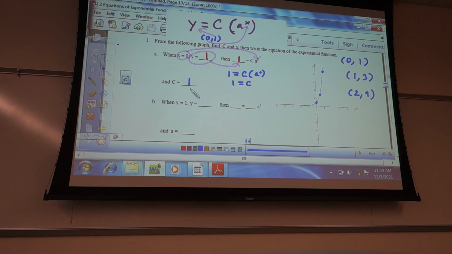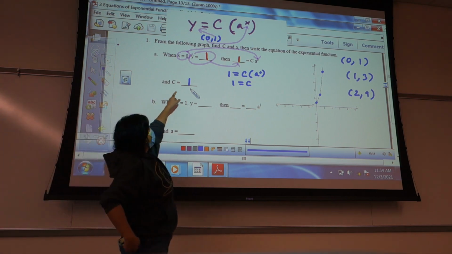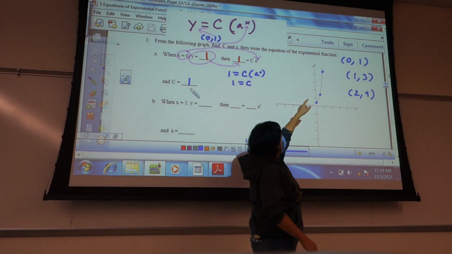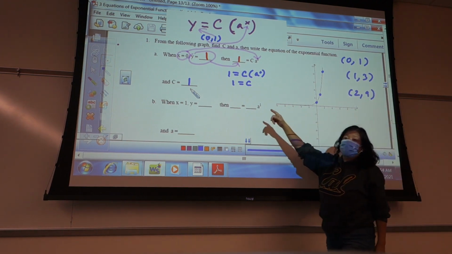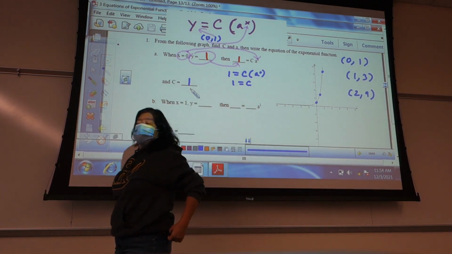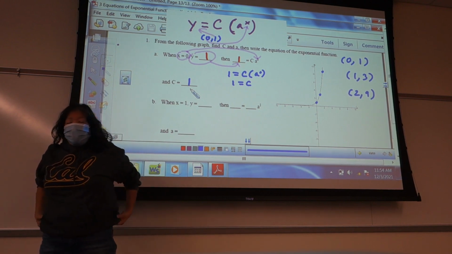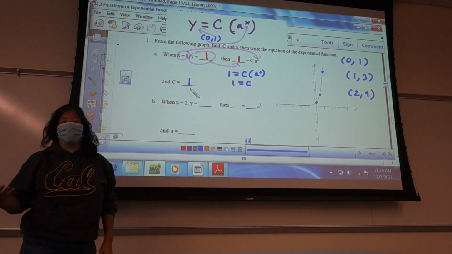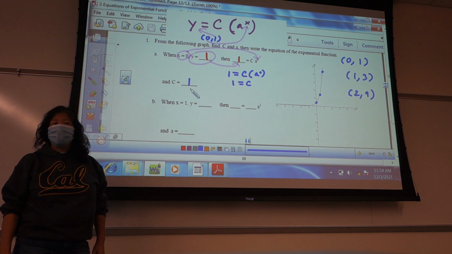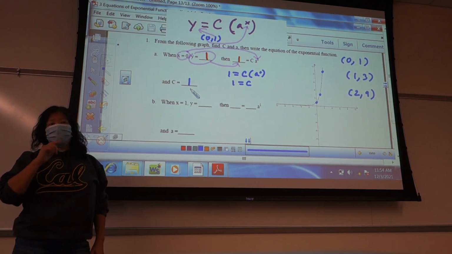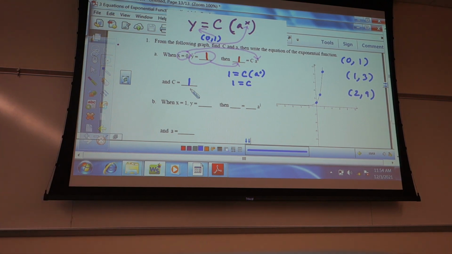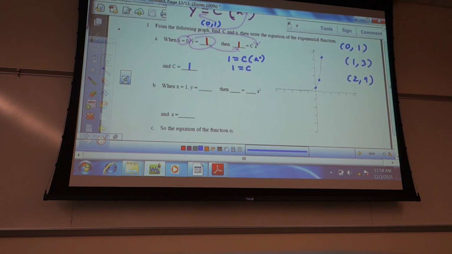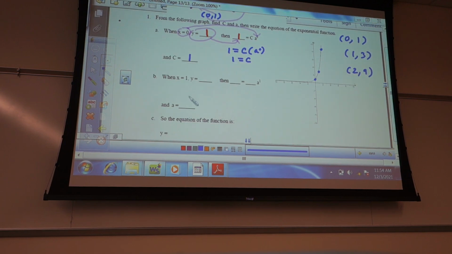Now if we want, we can skip that step and go straight to c equals 1, because we know that whenever x is 0, my y is my c. C is always going to be whatever my y is when x is 0. Only when x is 0. C is my initial amount. We'll talk about that a little bit more next handout, but that's something to keep in mind.